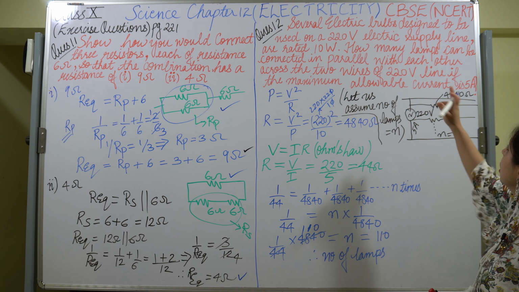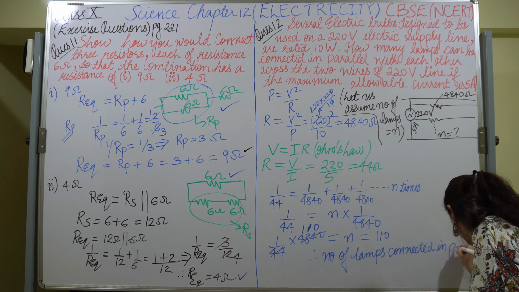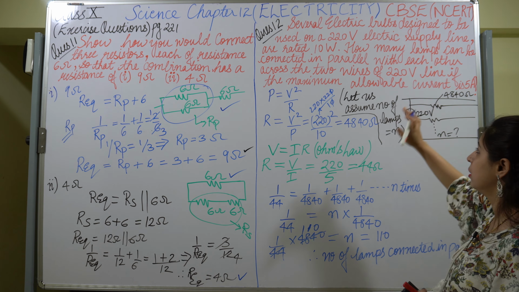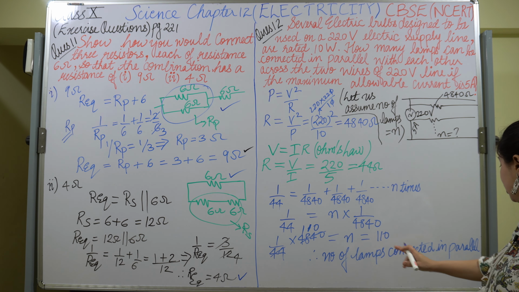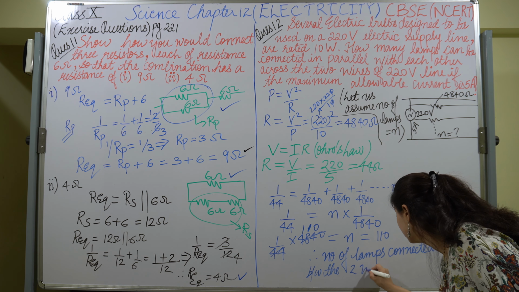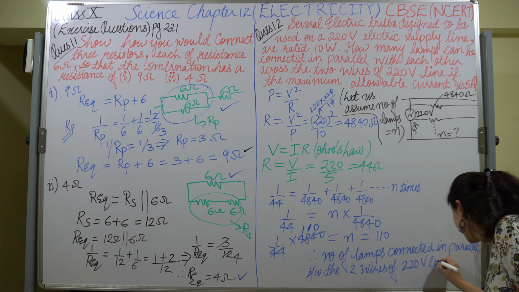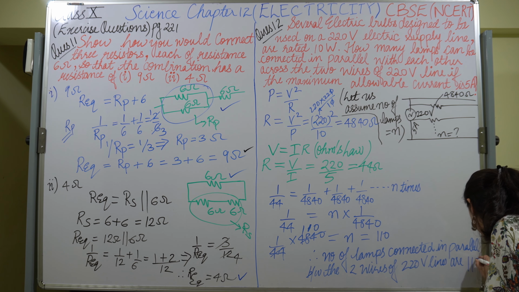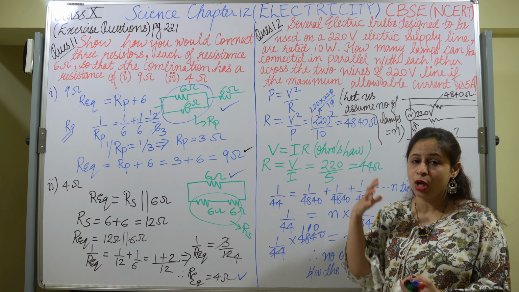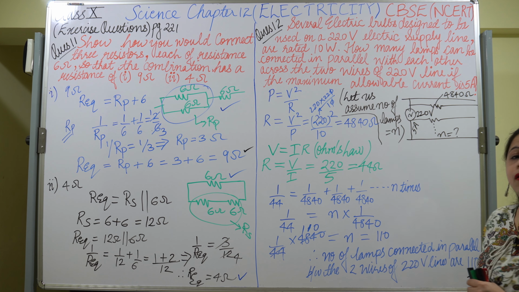Therefore the number of lamps which can be connected in parallel across the two wires of a 220 volt line, if the maximum allowable current is 5 amperes, is 110. So the answer is 110.